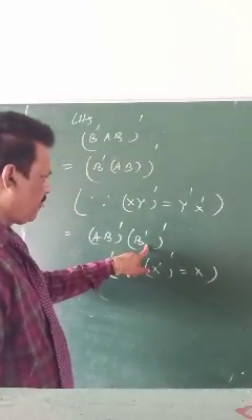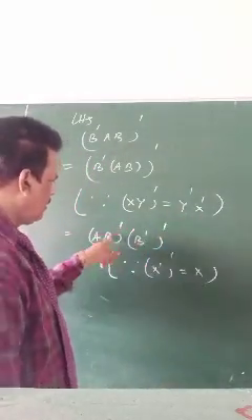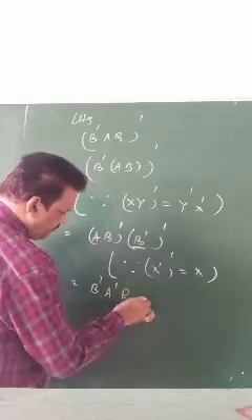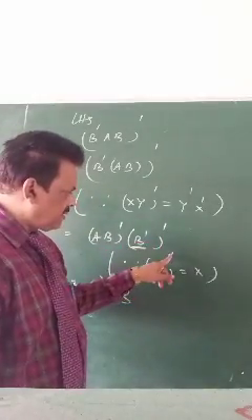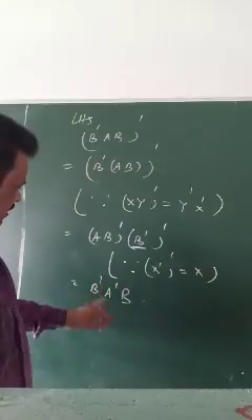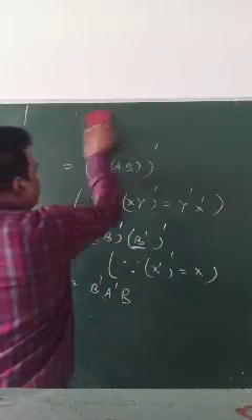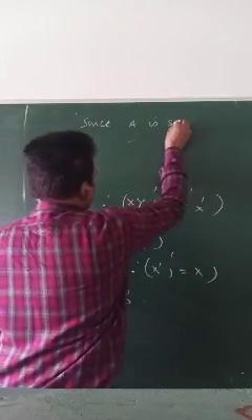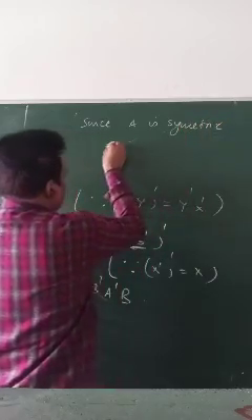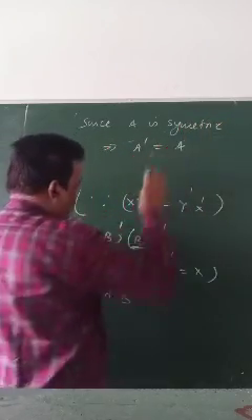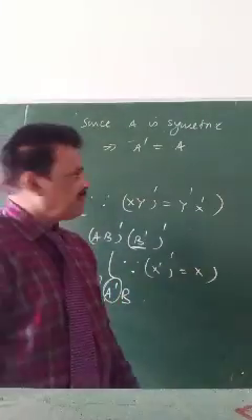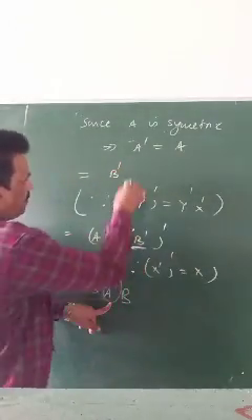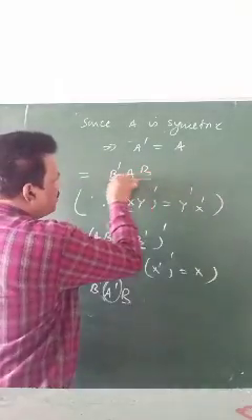That means this will be B. Again, reversed: B transpose A transpose, and this will be B, because transpose of transpose is the matrix. Again, since A is symmetric, A transpose equals A. So in place of this you write A. That will be B transpose A B. This is what you wanted to show. Good.